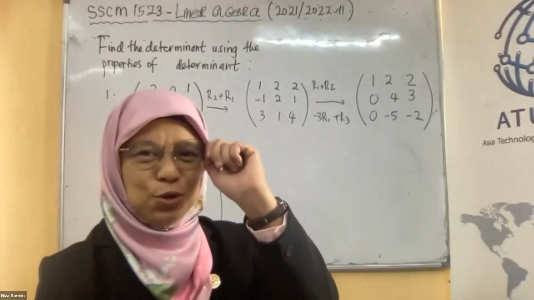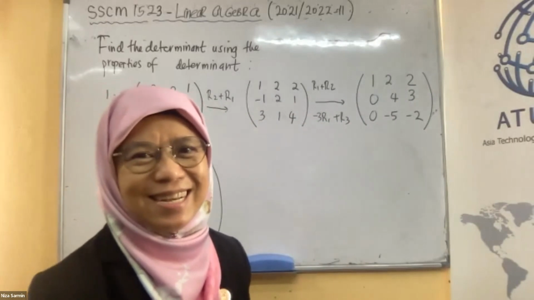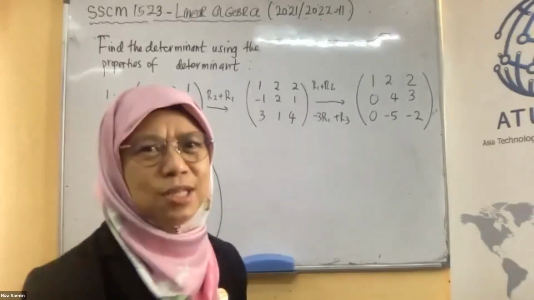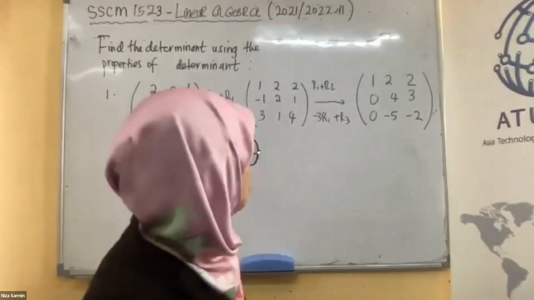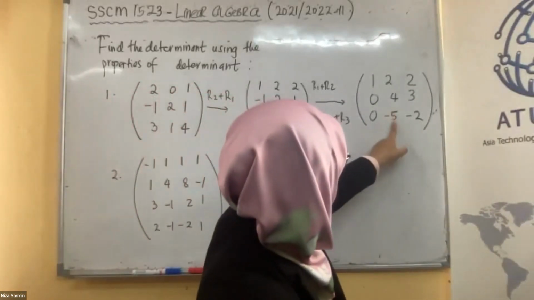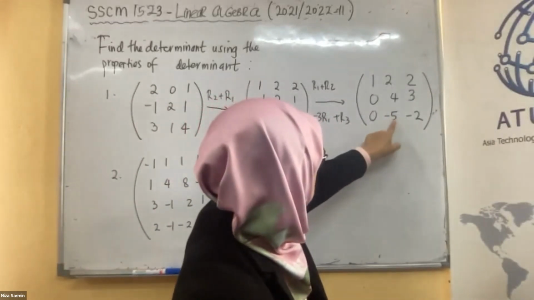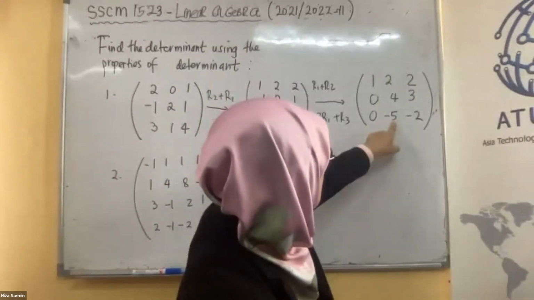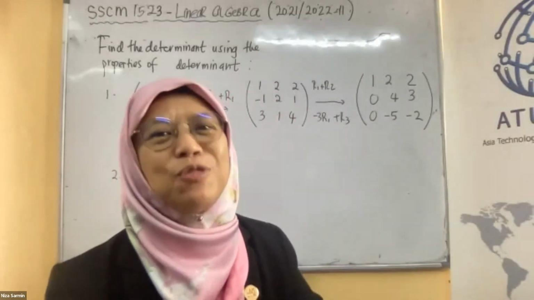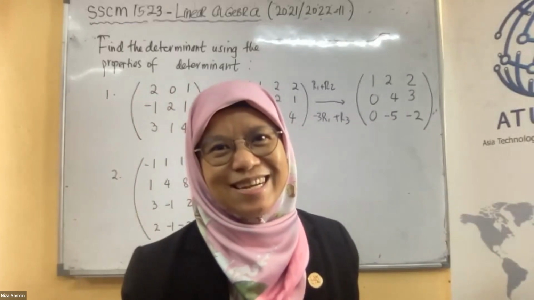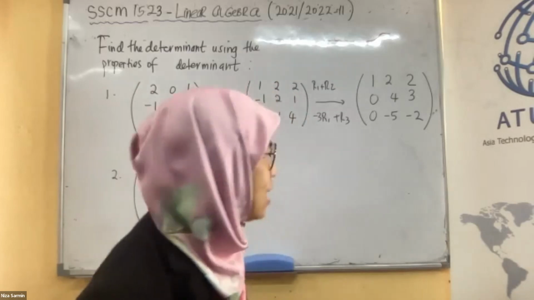Still, you cannot use the cofactor expansion. This is not a property. There is another way, but the question asks you to use the properties. So now I want this to be 0, but how do I get this to be 0? If you multiply by 1/4, then you have to change the determinant. I don't want that. I just want to use KRi plus Rj.